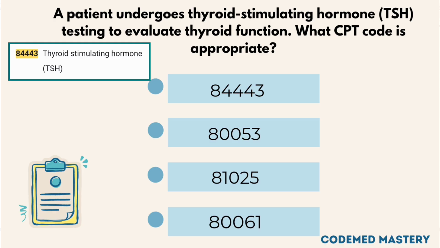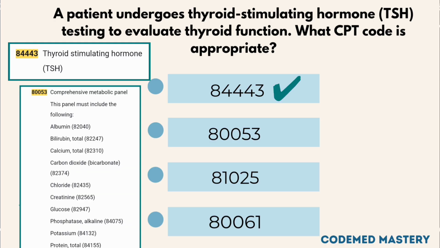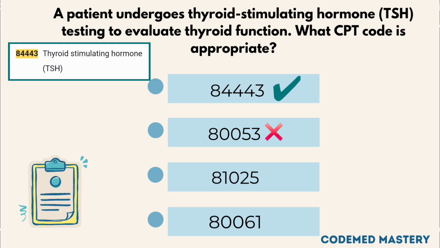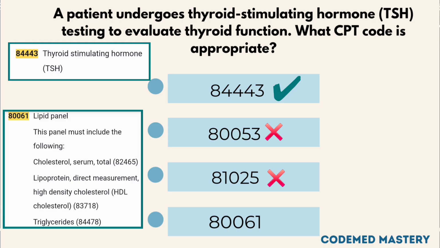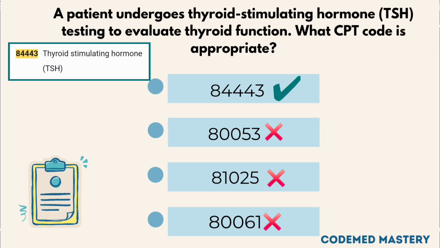Option B 80053 is wrong because that is for comprehensive metabolic panel. So that is not matching with the question, and the code 81025 is for urine pregnancy test by visual color comparison methods. That is also wrong, and the code 80061 is for lipid panel. Eliminate option D. The right answer is option A.